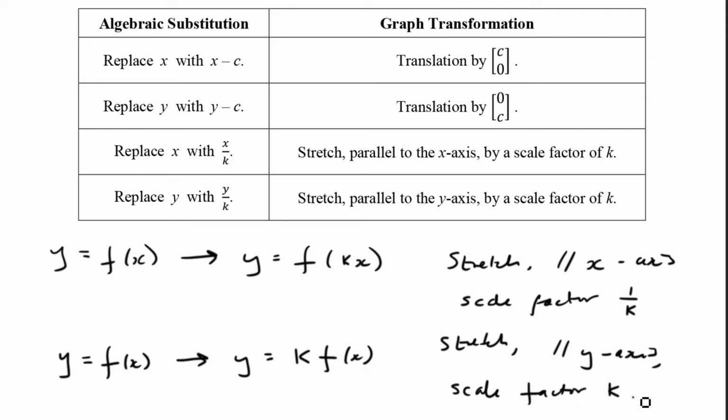I can see why people do it this way. The transformations algebraically are easier to understand. However, the two rules now look a bit different from each other, and I very much like this way of doing it, where we replace x with x over k or y with y over k, because the transformation rules are exactly the same. It's always a stretch. It's always parallel to whichever is the axis which corresponds to the symbol that's been replaced, and it's always a scale factor of k.